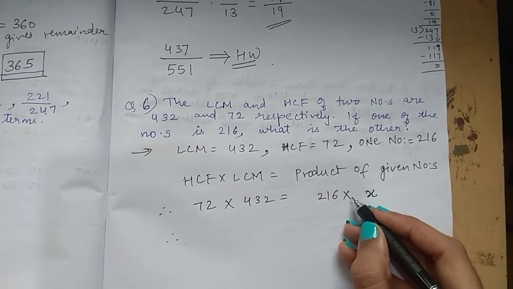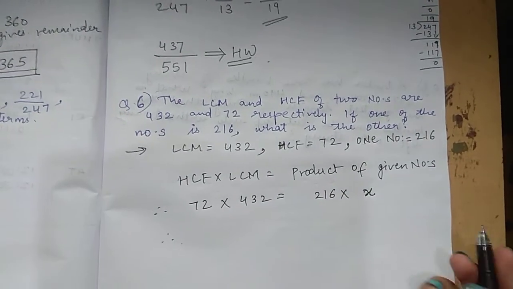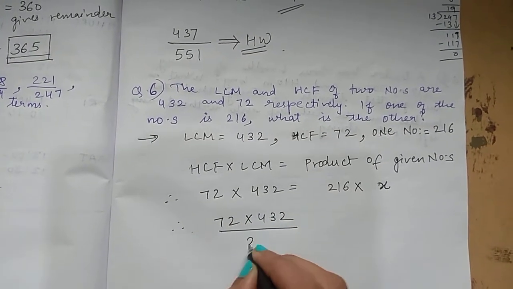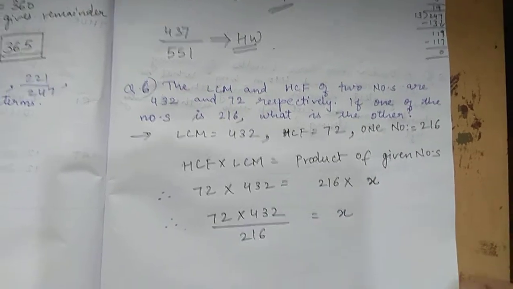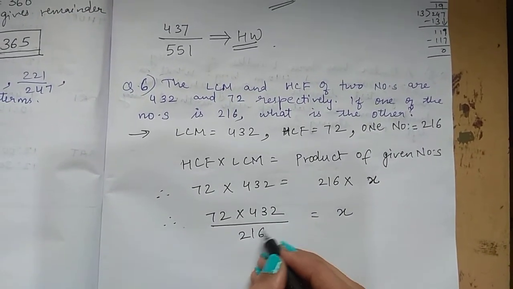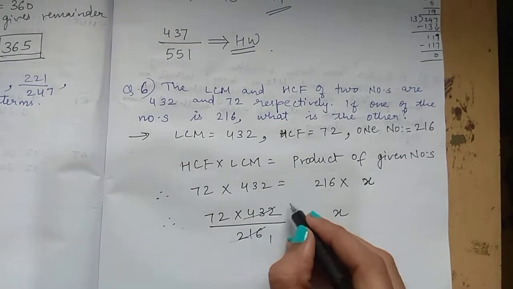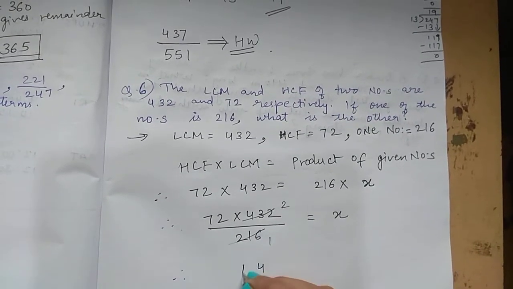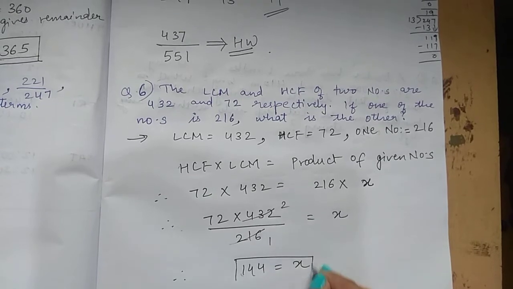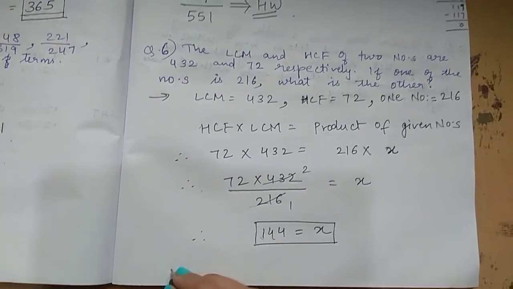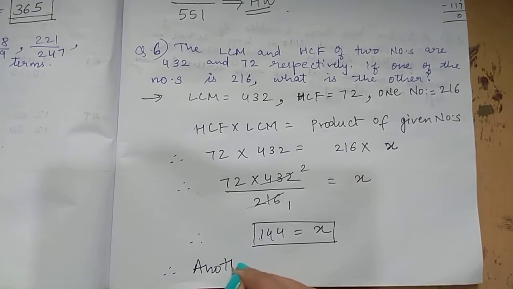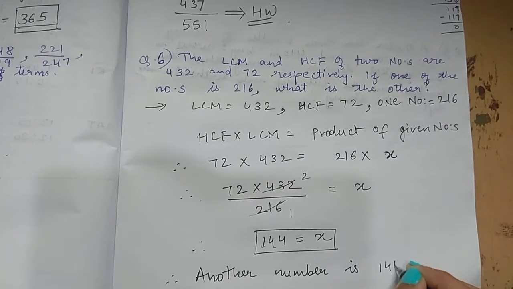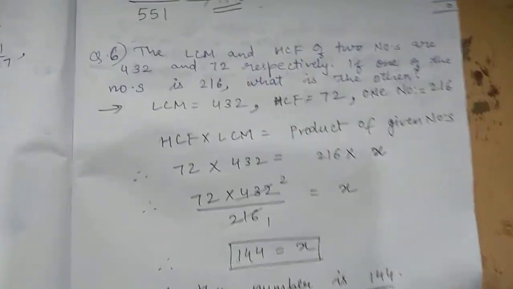Now this is multiplication, so when it comes onto this side, it will become division. From here we can make out 216 ones are 216, 216 twos are 432, 72 into 2 is 144. Therefore the other number is 144.